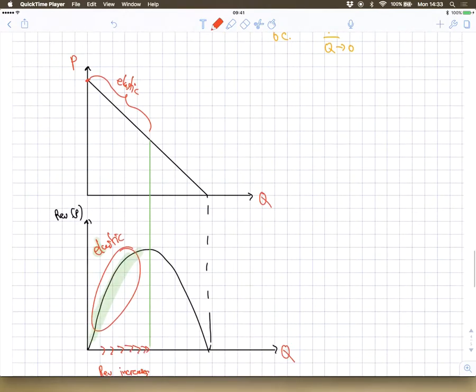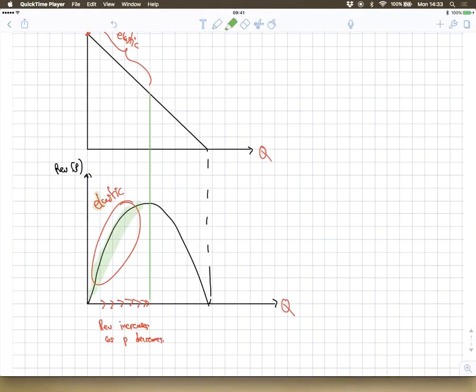So, what's happening to the revenue on this part here? You lower price, your revenue is decreasing. What part of the demand is that? Inelastic, of course. This bit here would be the inelastic part.